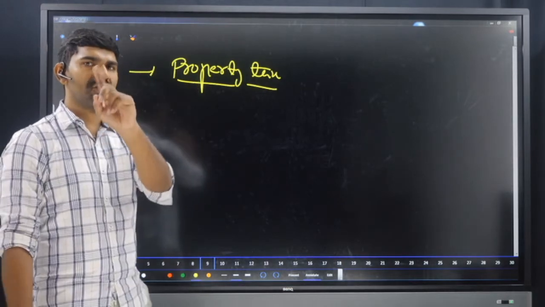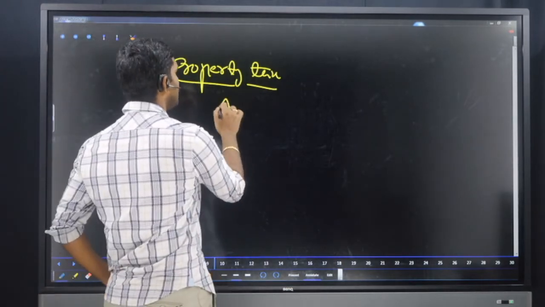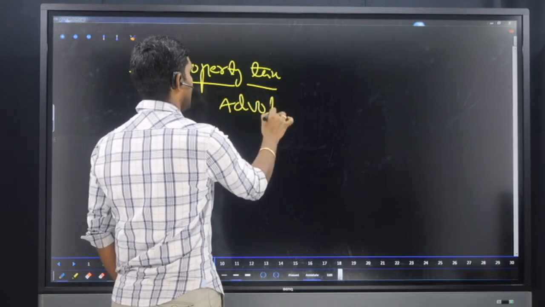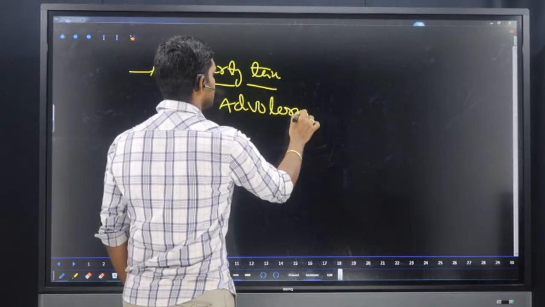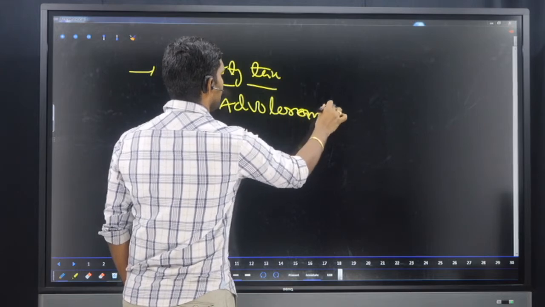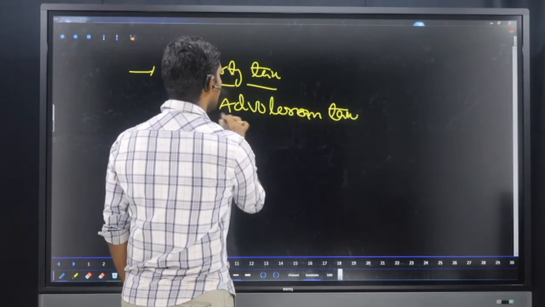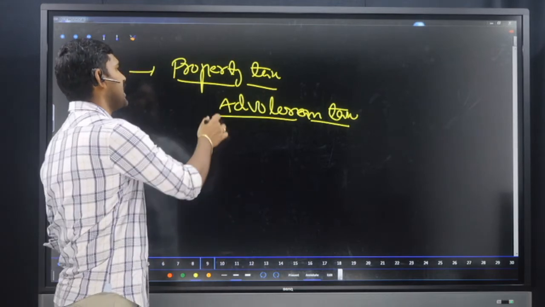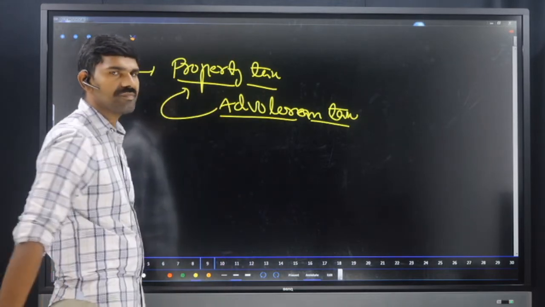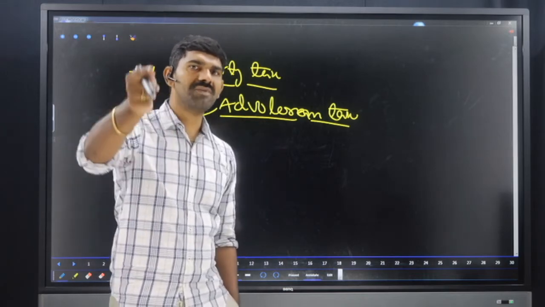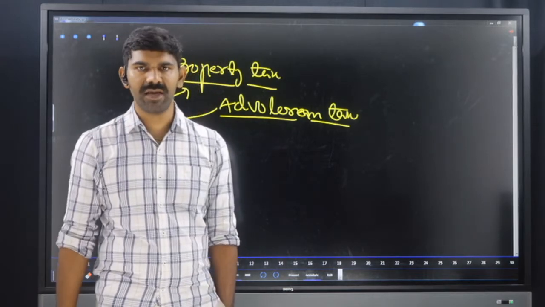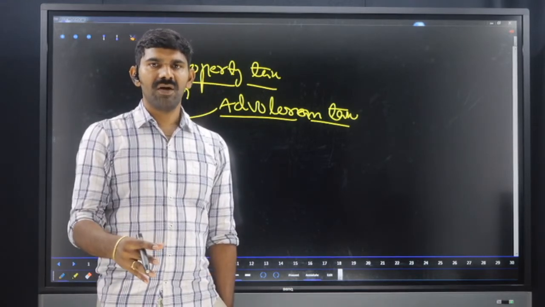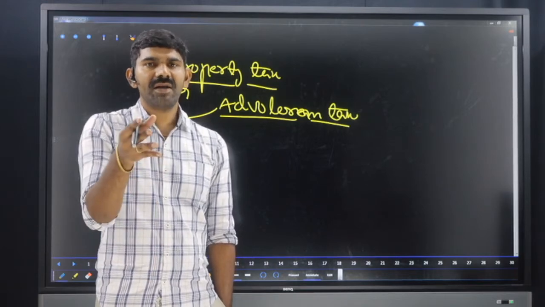And remember that we got one concept. What is that called? Ad valorem tax. What is the meaning of ad valorem tax? Ad valorem tax refers to a tax such as property tax. How? Tax imposed on the value of the item is called ad valorem tax. Means what? If the value of the item is more, the tax is more.